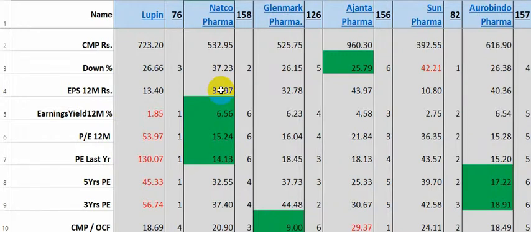We should break up the purchase into multiple parts. So for example, if you want to buy 1 lakh in Natco Pharma, we can divide it into 10 parts of 10,000 each and buy as the price declines by 1%, 2%, or whatever is our targeted percentage drop.